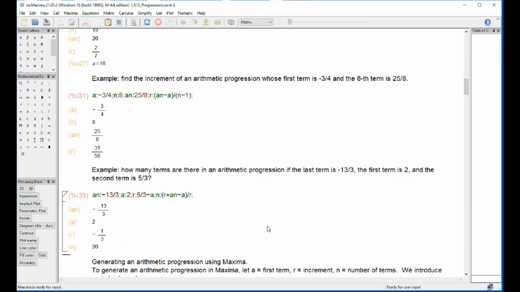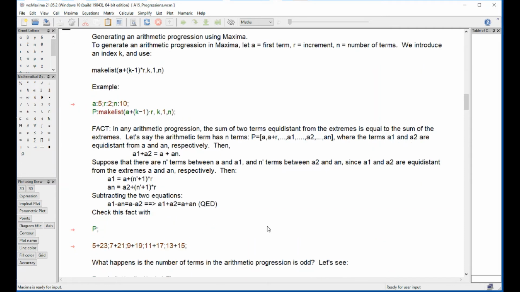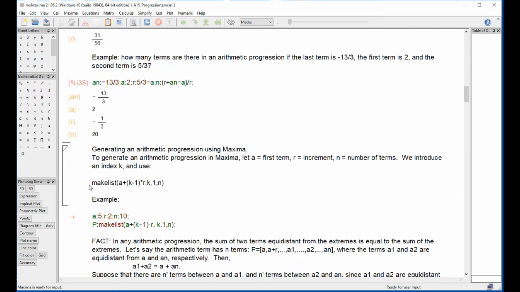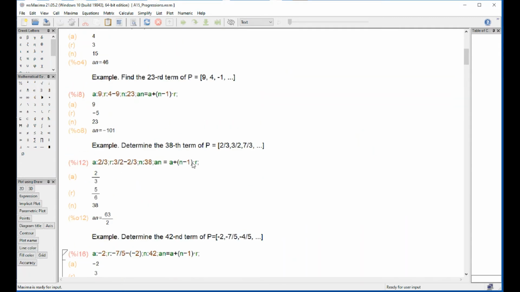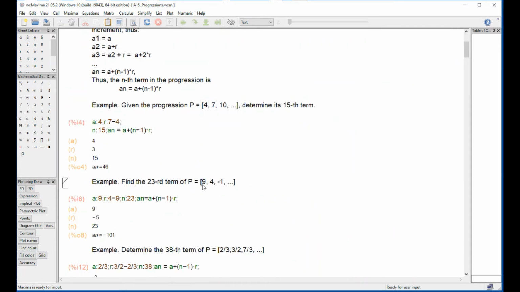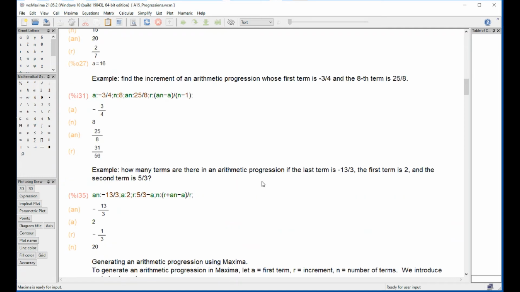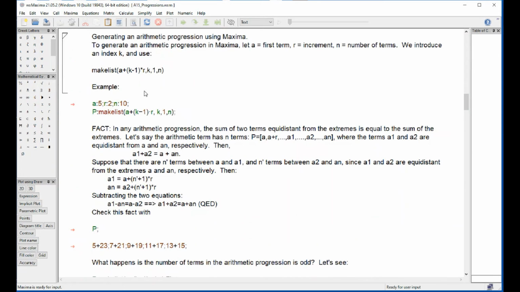Generating an arithmetic progression using Maxima. We're going to use this function that's called makeList. When we present values like these in Maxima, they call it a list. And so makeList will produce a list, and to produce the list we need to define the kth term as a plus k minus 1 times r, for k from 1 to n.